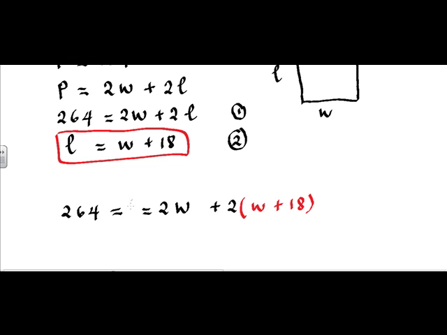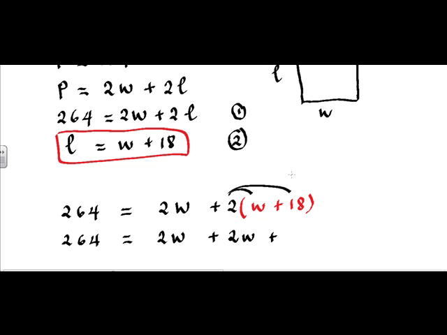Oh, I put too many equal signs here. Excuse me. There you go. So you have 264 equal to 2W plus 2W, distributing the 2 inside there.